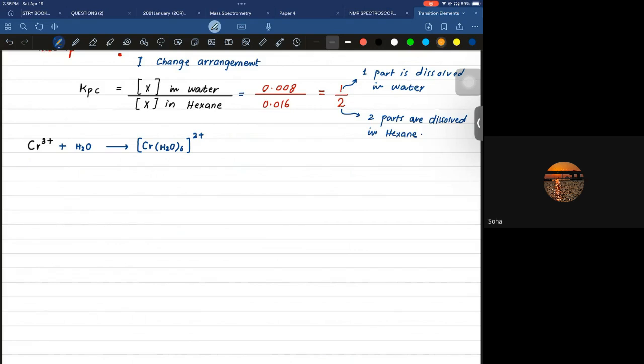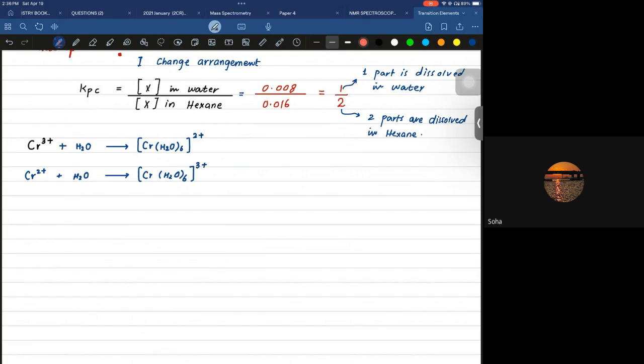What is the charge on this? Sometimes it's +3 and sometimes it's +2, so I'm going to tell you both. Cr2 plus with water gives Cr(H2O)6, and the overall charge is +3.